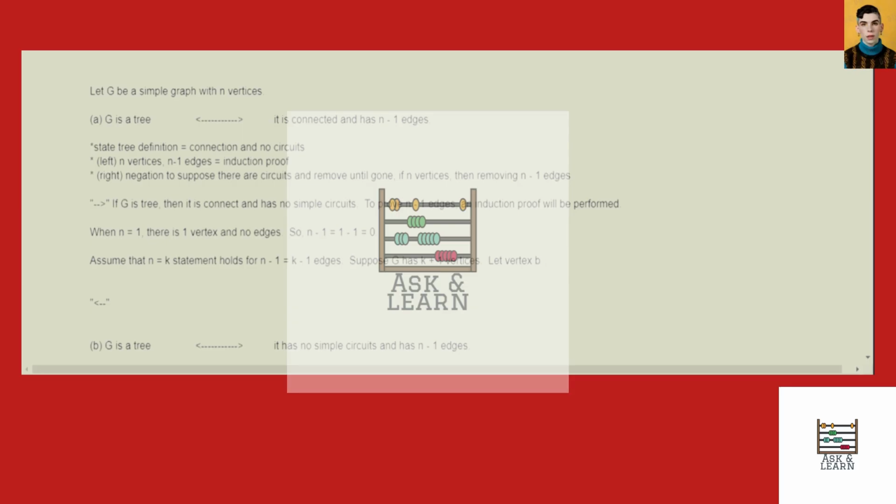So I'm going to let vertex B be a leaf for parent vertex A. If B were removed from G, then G prime would be produced, having k vertices.